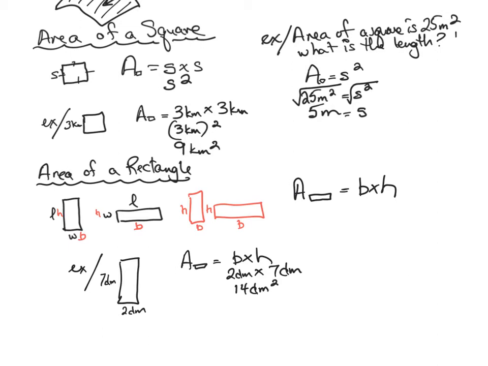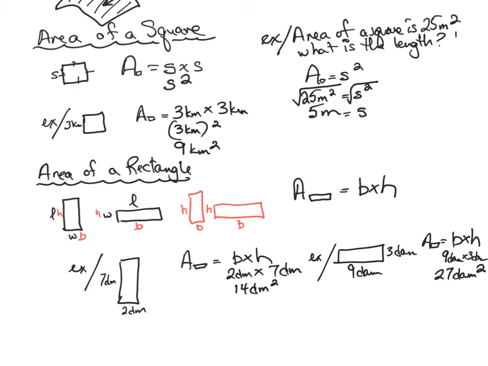And don't forget the decimeters is squared. Another example, if I have 9 decameters by 3 decameters, I use my same formula, base times height. I have 9 decameters times 3 decameters, and I end up with 27 decameters squared.